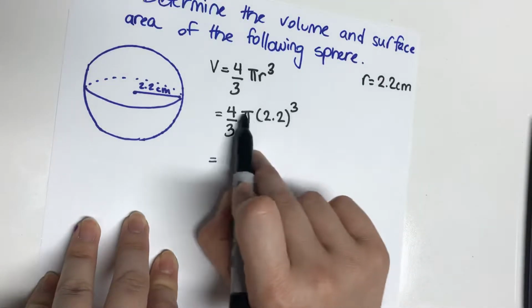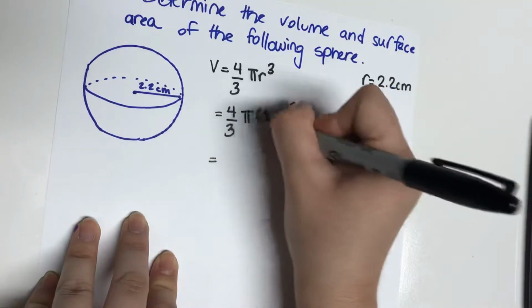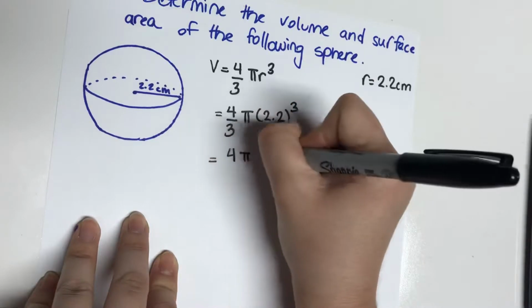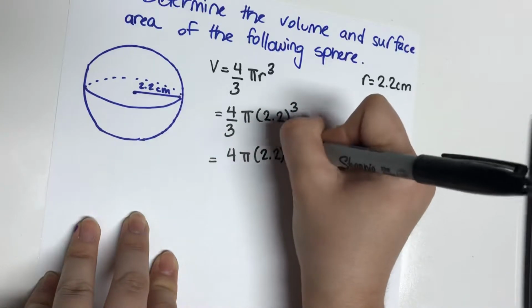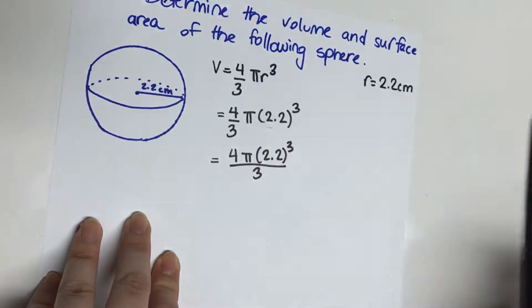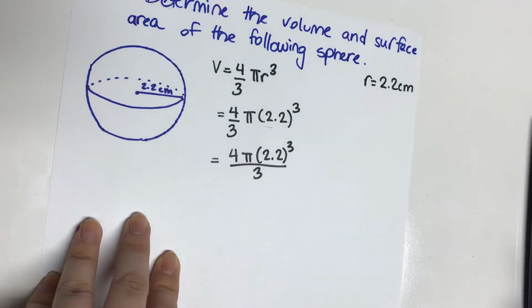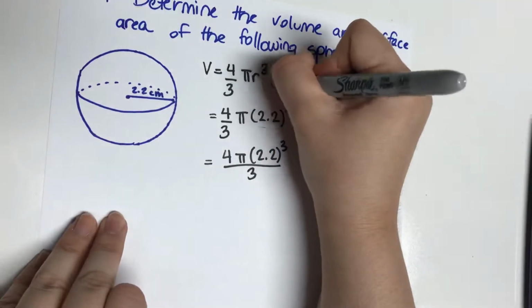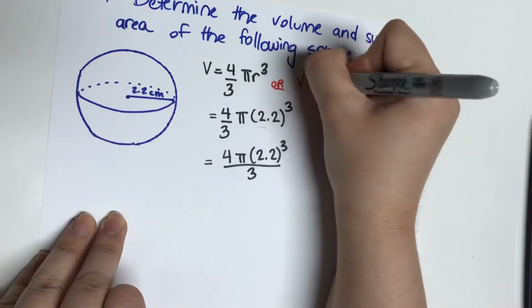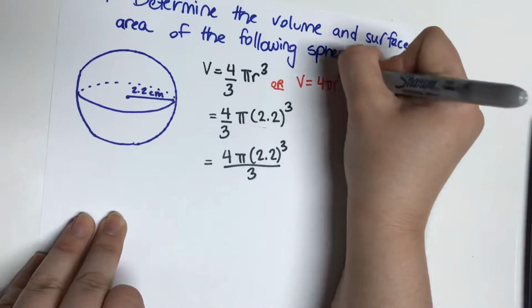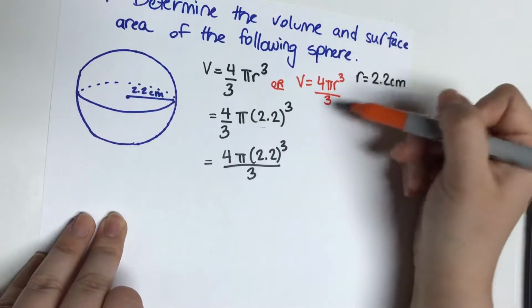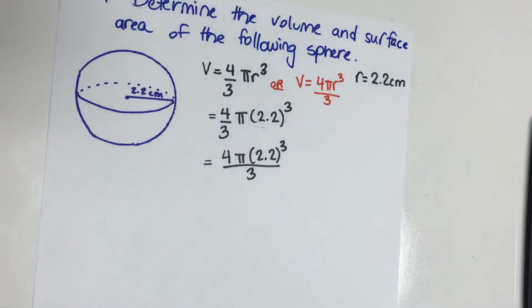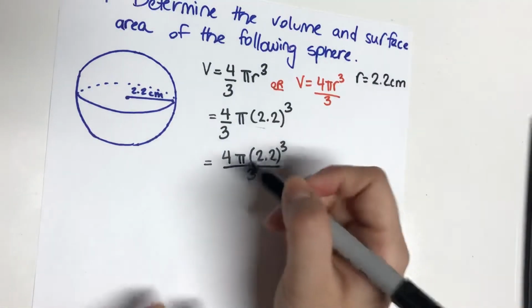So that's what all of these values are being multiplied by. And 3 is in the denominator. You can also write it like that. So I'll write the alternative formula up here. Some of you might just want to start off with writing it like that, or you might write it later on in the steps.